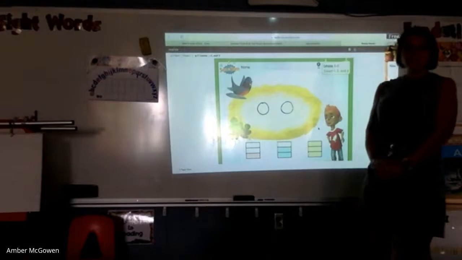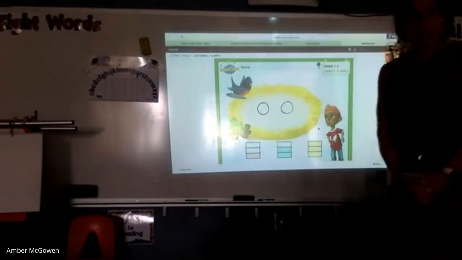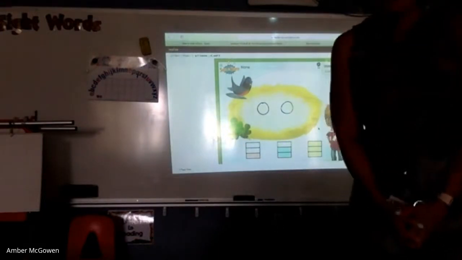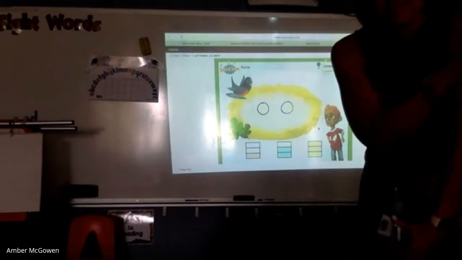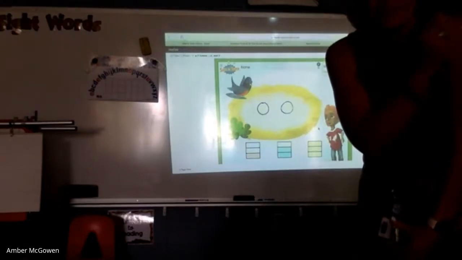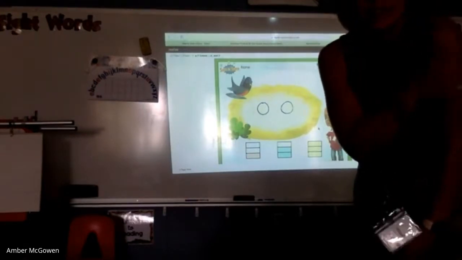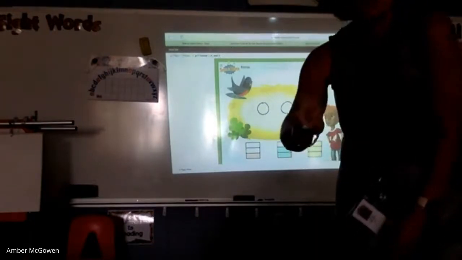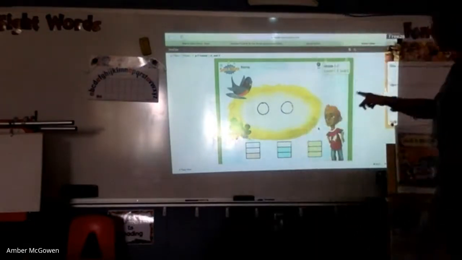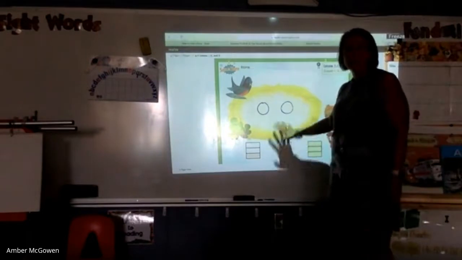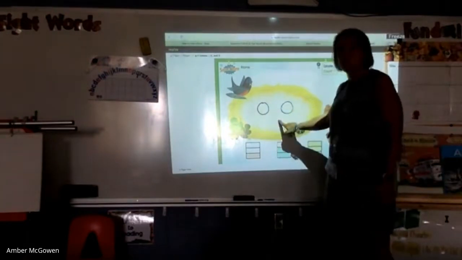Boys and girls at home, show me your fingers on how many boxes are going to be colored in. Good job. 2, because we want our circles and our boxes to match, so they have to both be 2.